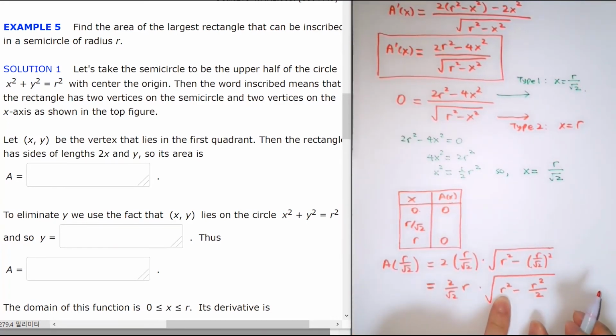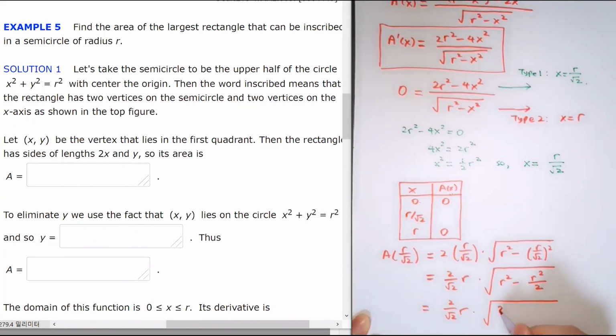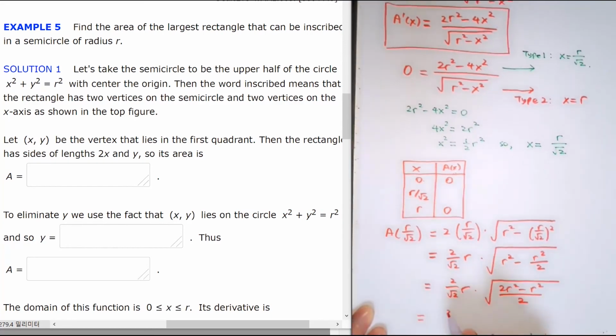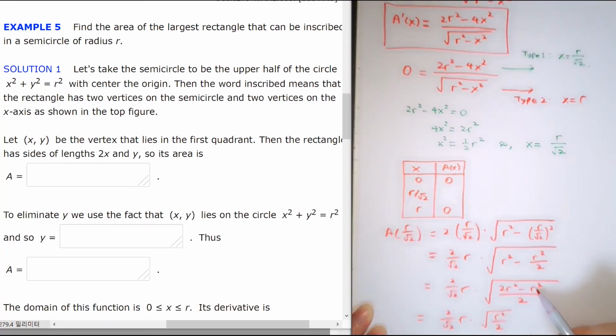We have r squared minus r squared over 2, so it becomes, we have root 2r squared minus r squared over 2. 2r squared minus r squared becomes just r squared.